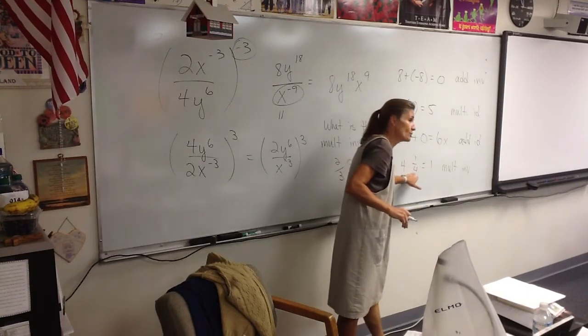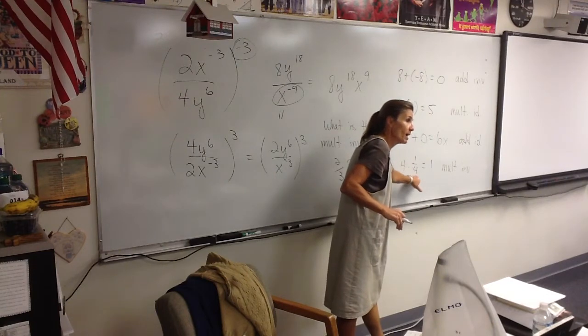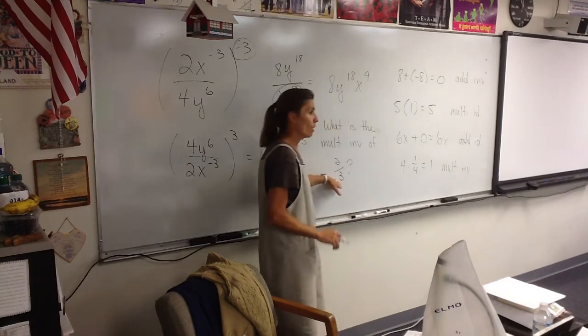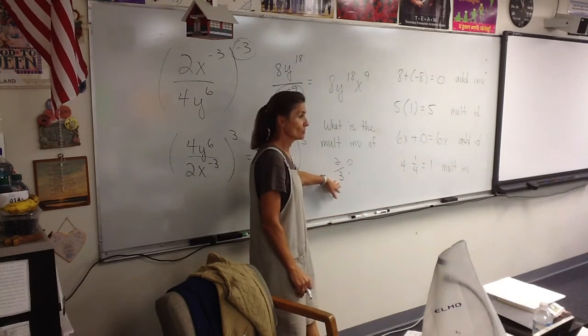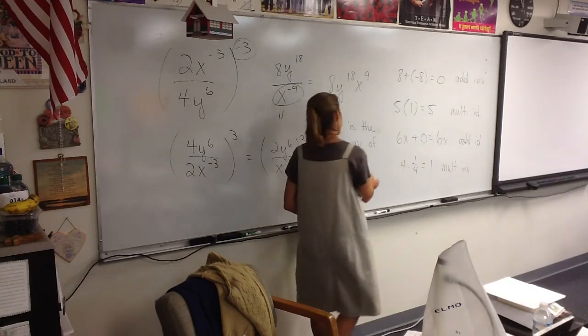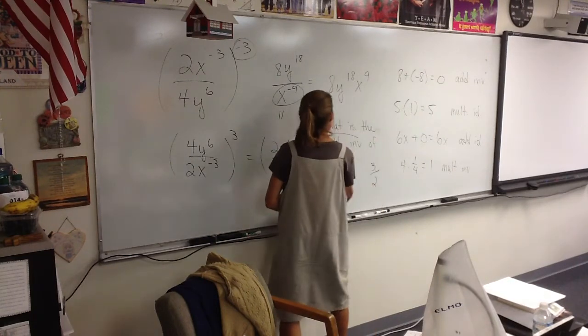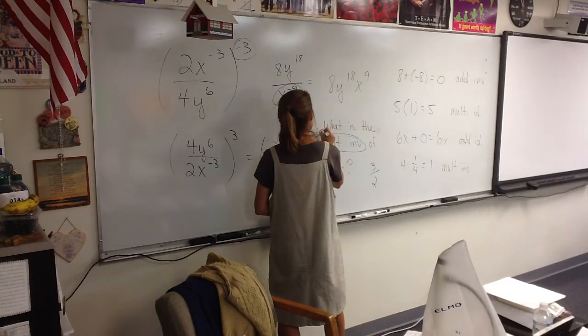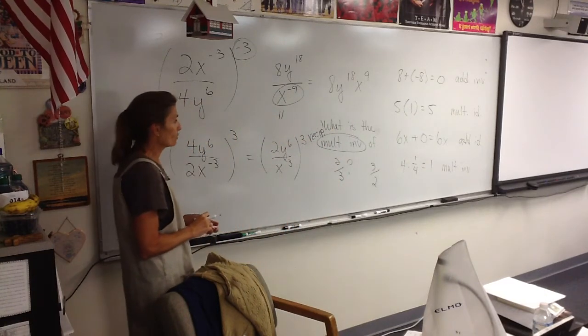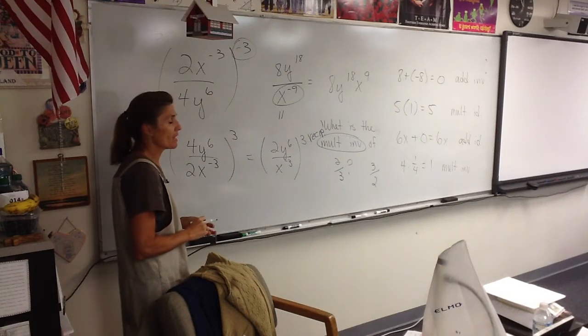What do inverses do? When you multiply them, you get 1. So what would I multiply by 2/3 to get 1? 3/2. Multiplicative inverse is the same as reciprocal. So your multiplicative inverse would be 3/2.